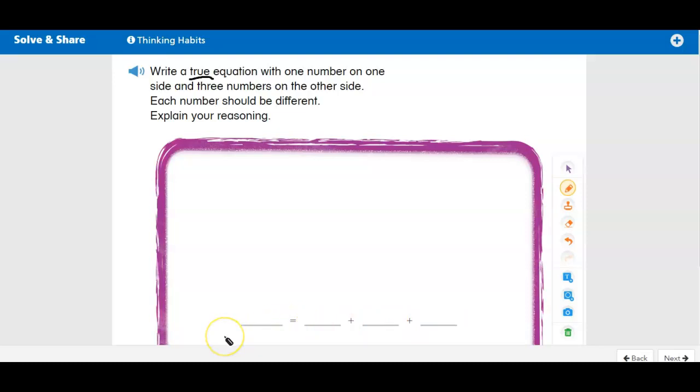So in our true equation, it wants us to write one number on one side of the equal sign and three numbers on the other side. Since it is a true equation and both sides of the equal sign have to be the same, whatever single number you write in this blank, the three numbers on the other side must equal the same.